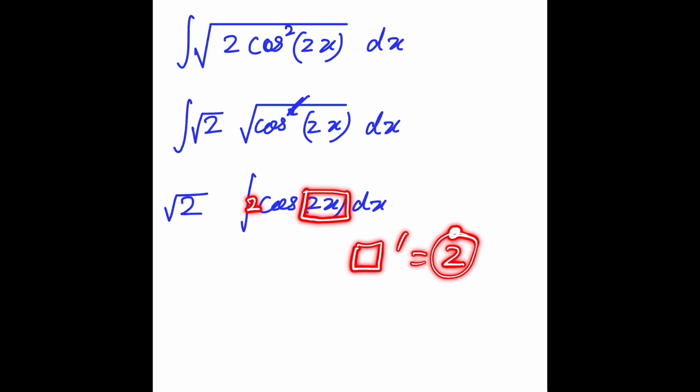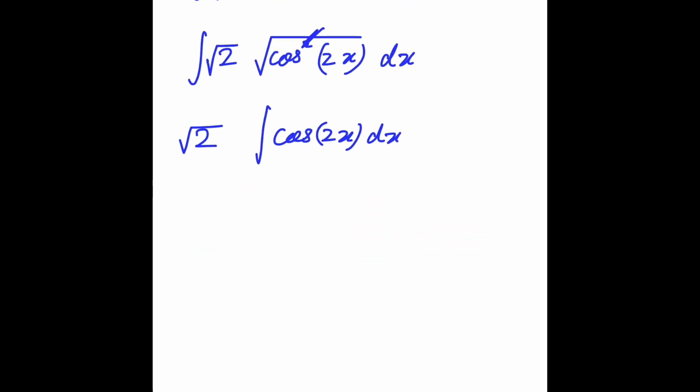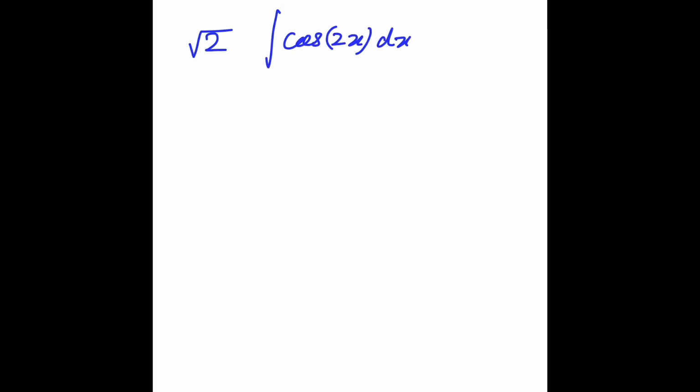We will be introducing 2 here, and outside the integral sign, we will do it like this. Eventually, we'll remove the integral sign, the differentiation of the box, and the d of x. Putting it all together, we are going to write our final answer as under root 2 divided by 2 sine of 2x plus c.